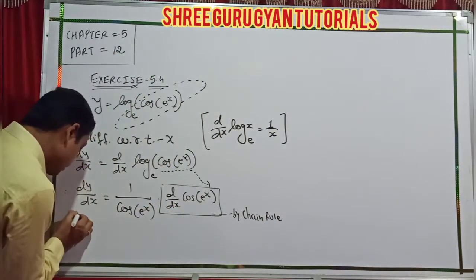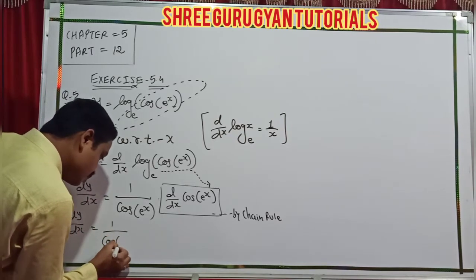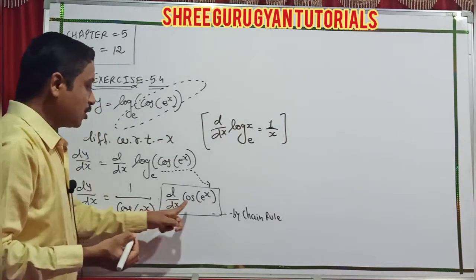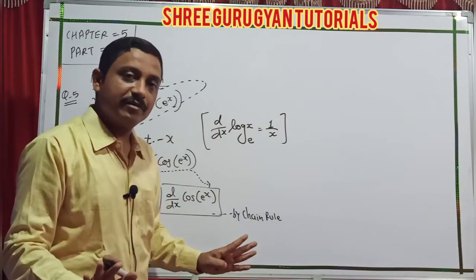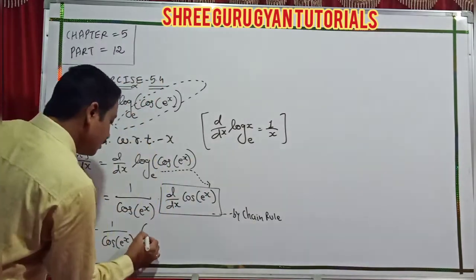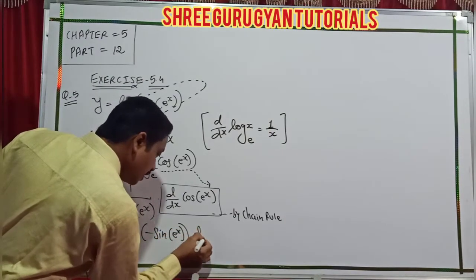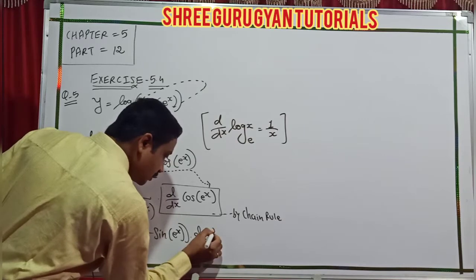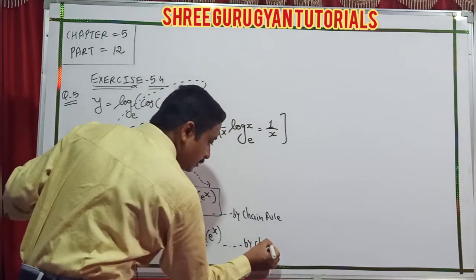Now similarly, students, the cos derivative is done, then after that e raised to x is pending. So what is the cos derivative? Minus sign. And d/dx of e raised to x, similarly by chain rule.